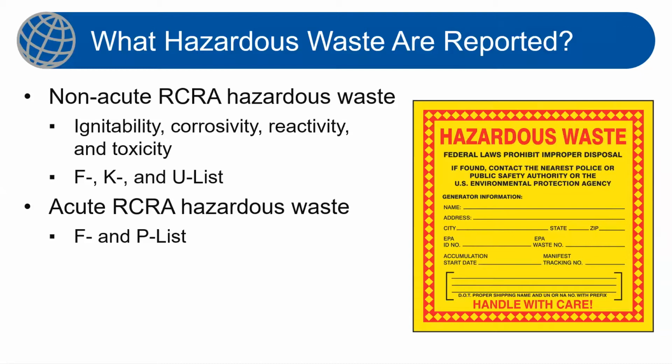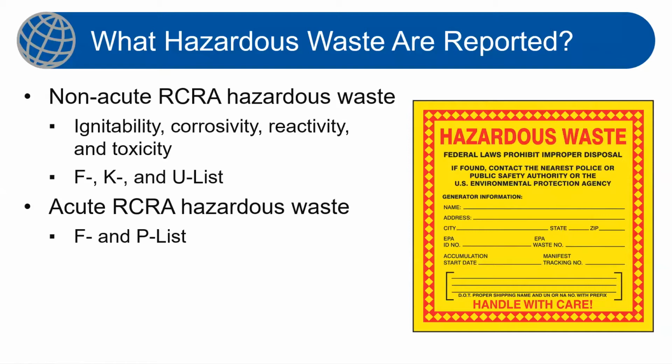And 3 of these lists are comprised of waste that would be considered to be non-acute hazardous waste. That includes our F-listed waste. However, not every waste on that F list is a non-acute hazardous waste. So we'll look at that more closely momentarily.